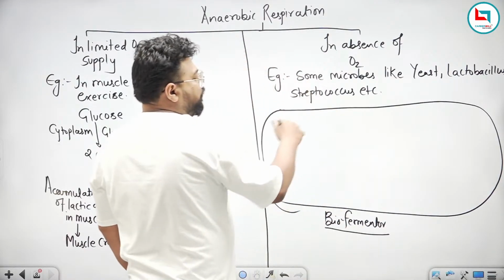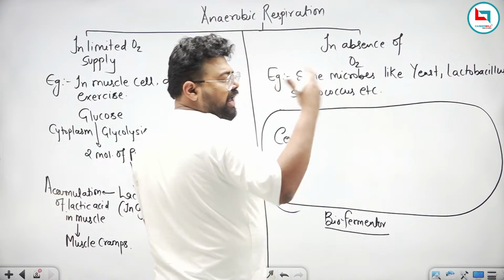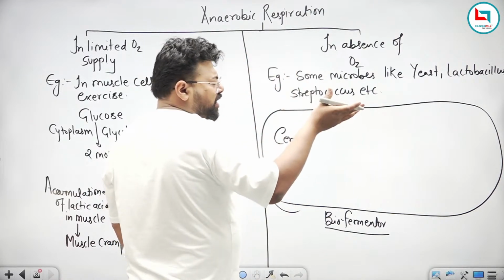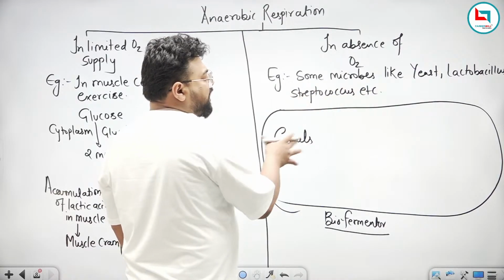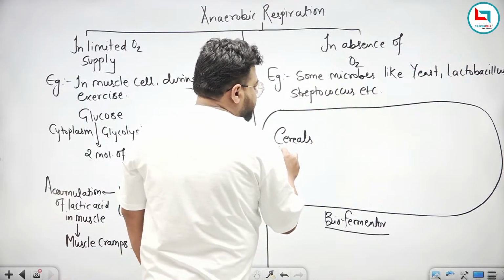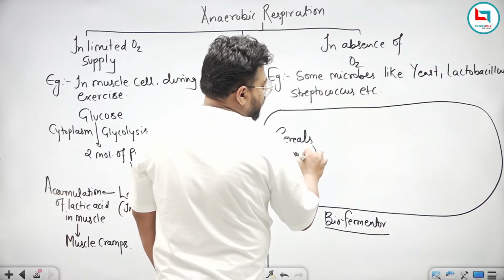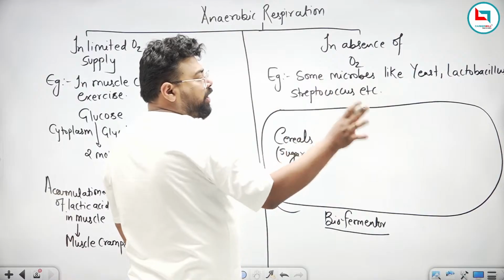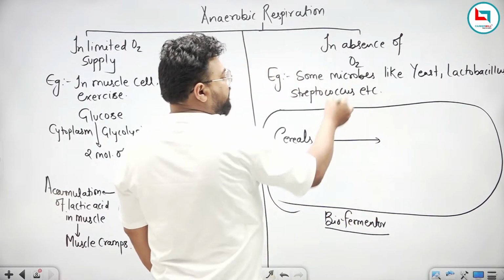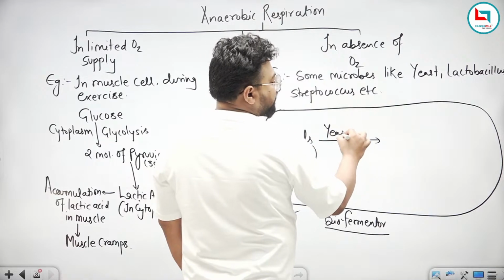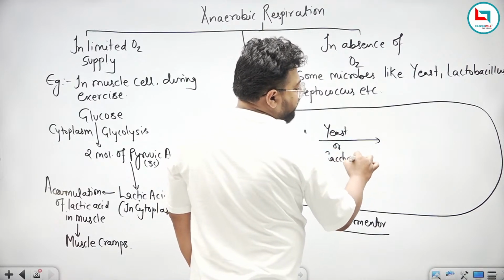Now, what we do is put cereals inside this container. Cereals like rice, barley and bajra, these kinds of cereals. And these cereals contain sugar. Plus, this container does not contain any amount of oxygen. We add microbes like yeast, whose scientific name is Saccharomyces.